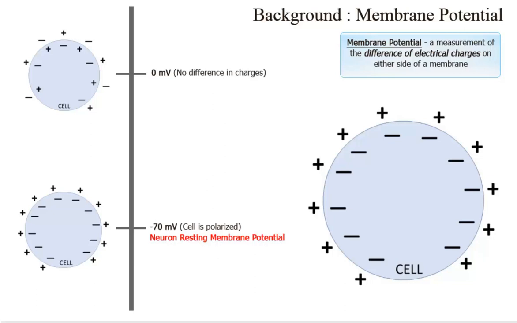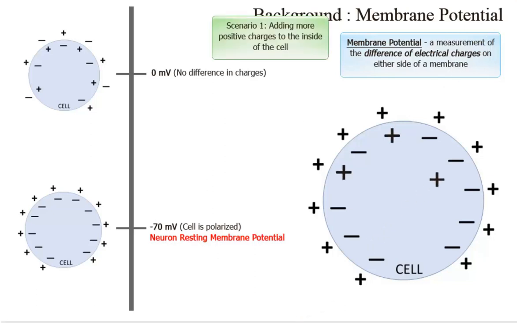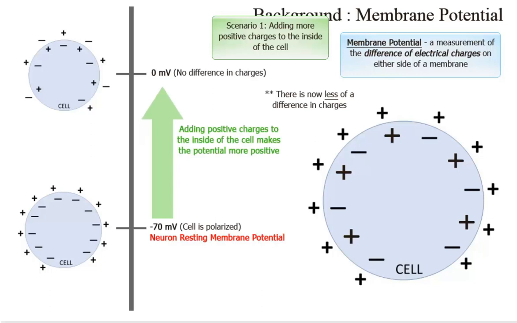So, if I were to add positive charges to the inside of the cell, I would make the inside more positive, and I would make it look more like the outside. So I would make the charges look more equal. This would make the membrane potential increase or go towards 0, because again, remember, once they equal out, you're going to have a 0 membrane potential.